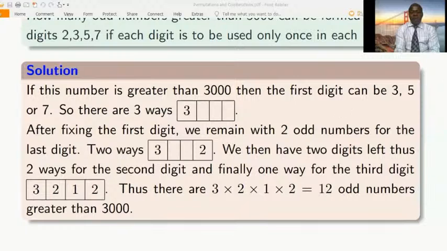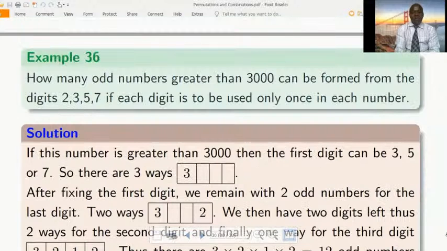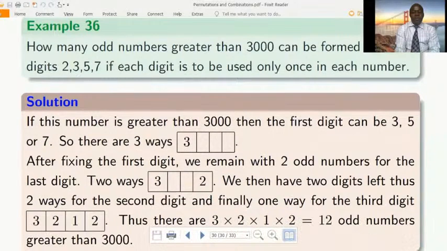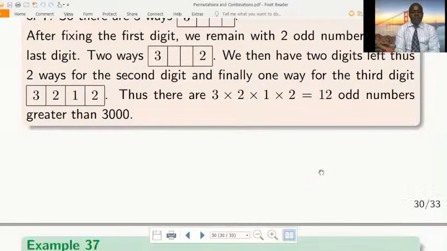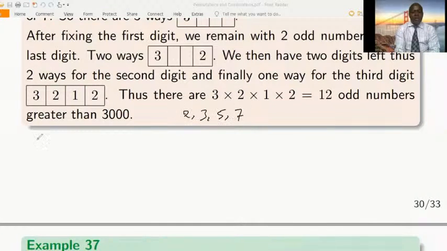Let me just show you by an example. The numbers that we have are 2, 3, 5, and 7, to form odd numbers greater than 3,000. I said that for the first digit we have chances: it could be 3 or 5 or 7.